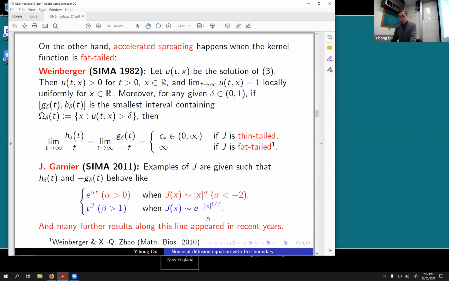And if it's like that, still, if beta is greater than 1, this is still fat-tailed. Then it's like this, beta greater than 1. And there is still a lot of current work trying to get a final estimate for this accelerated spreading.